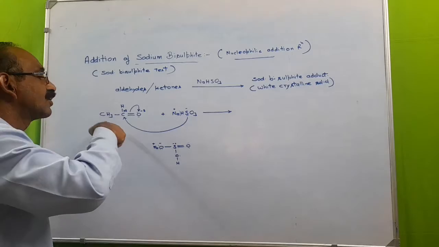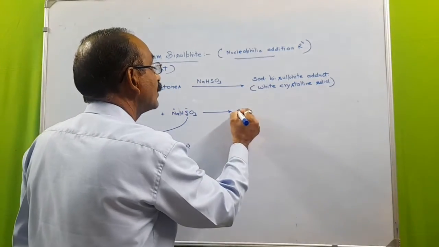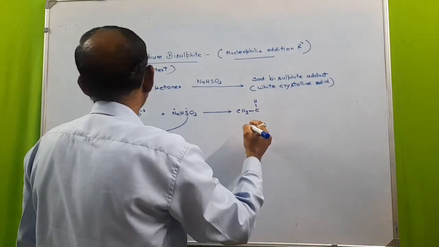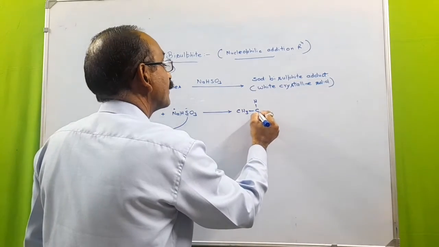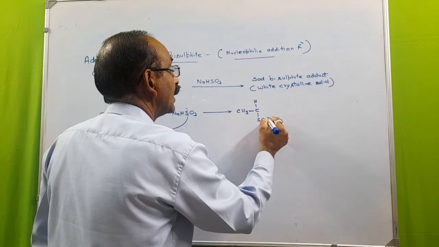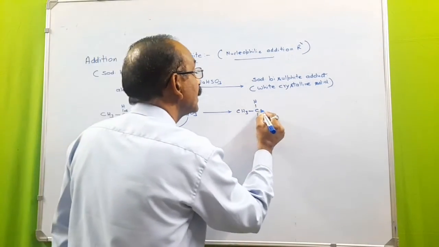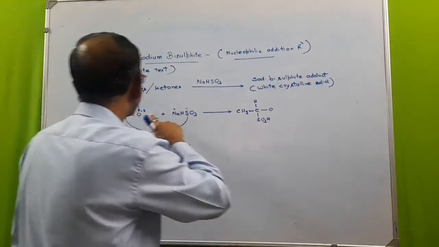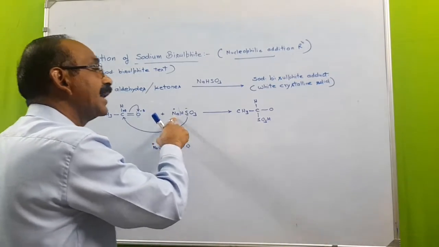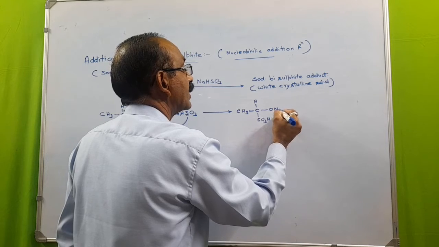That's why the nucleophile will attack first here, and then here you will get CH3CH, and here SO3H will form a bond to the carbonyl carbon, and now a single bond will remain between the carbon and oxygen. Oxygen will become negatively charged, so the Na plus ion set free from the sodium bisulfite will form a bond with it.